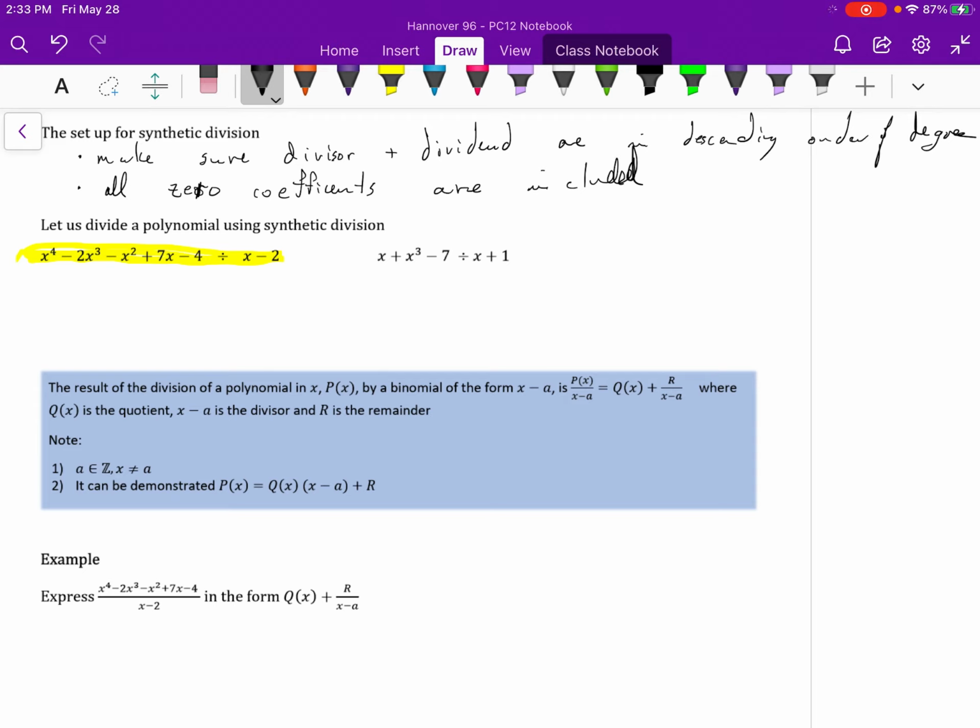Now, you probably have a little less indication of what's going on here. So we have to make sure the divisor and dividend are in descending order, and all the zero coefficients are included.